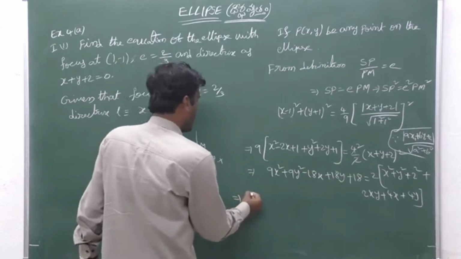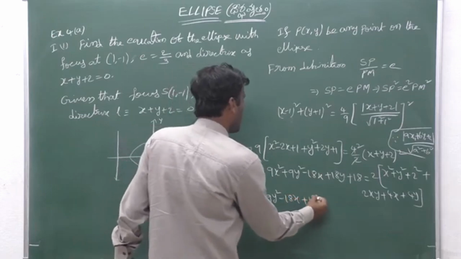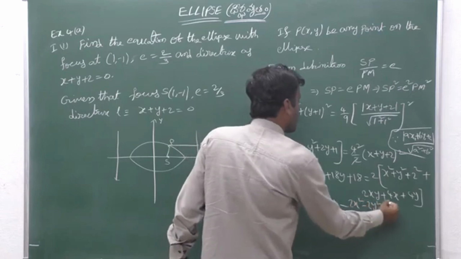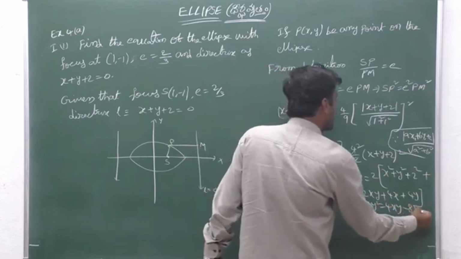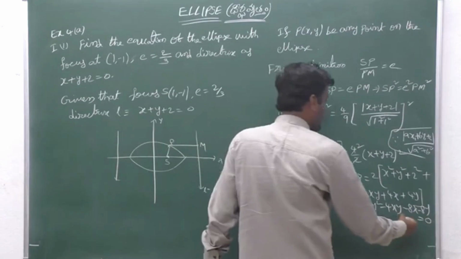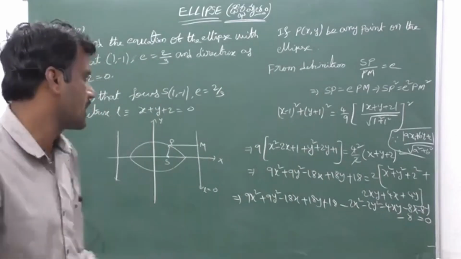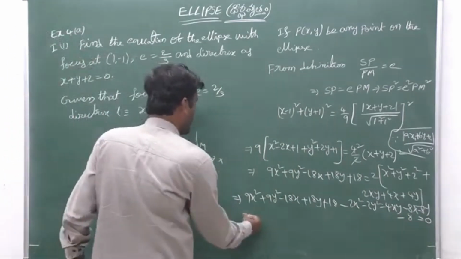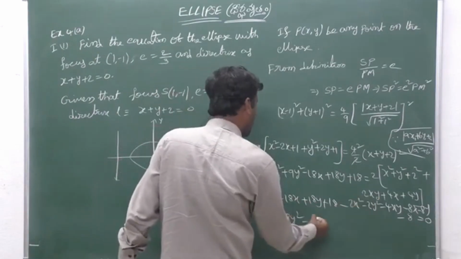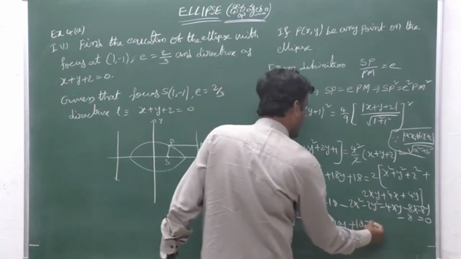That implies 9x square plus 9y square minus 18x plus 18y plus 18 minus 2 into (x square, 2x square, 2y square plus 4xy plus 8x plus 8y plus 8) equal to 0. Next, that implies 9x square minus 2x square, 7x square, 7y square, minus 18x minus 8x, minus 26x plus 10y, 18 minus 8, 10.